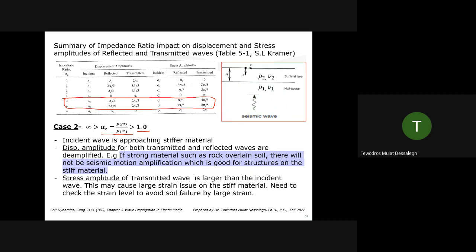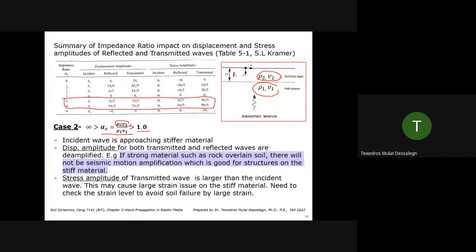It means you have a seismic wave coming from deep ground, and now density times V2 is larger than density times V1, which means the top surface has a larger value than the half space.